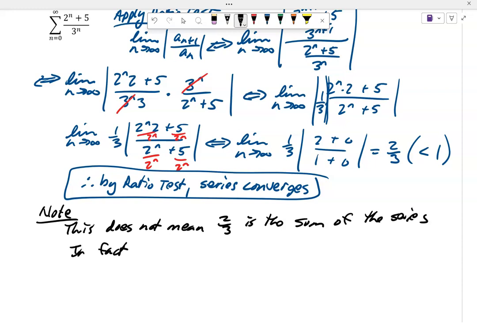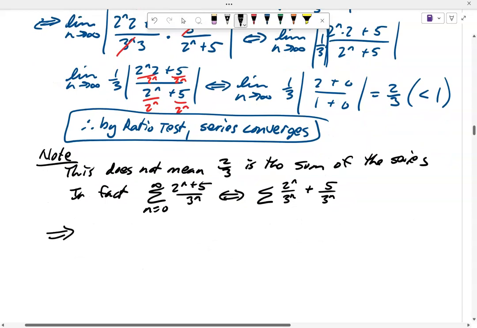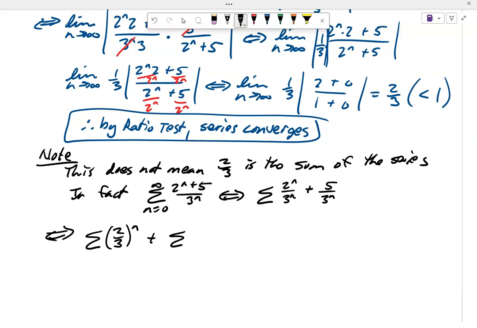In fact, this is the same as 2 to the n over 3 to the n plus 5 over 3 to the n, which is (2/3) to the n plus 5 times (1/3) to the n. These are both geometric series.